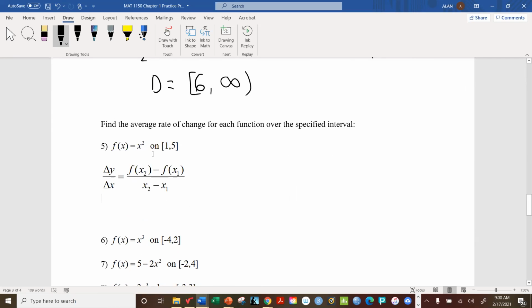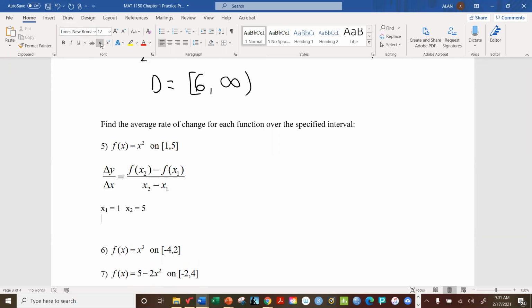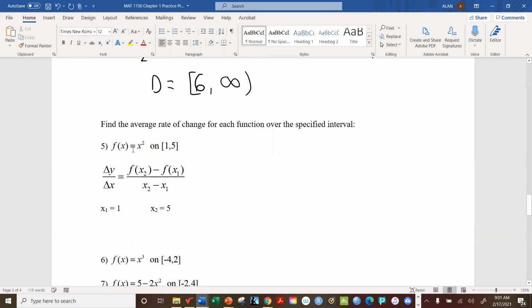Okay, now the 2's are coming from here. So in other words, because of the way this interval is written, x1 is the 1 and x2 is the 5. Which means we have to figure out f of x1 and f of x2 ourselves from this function.